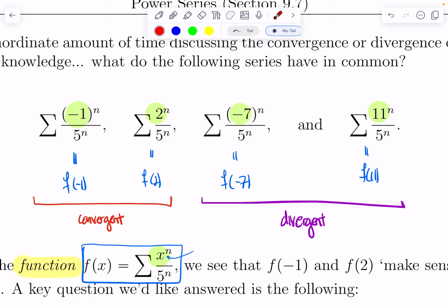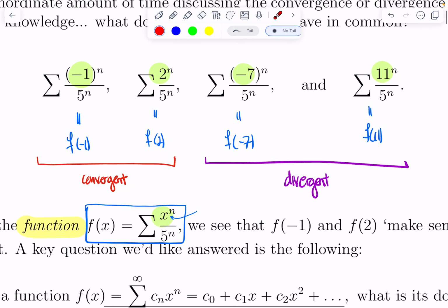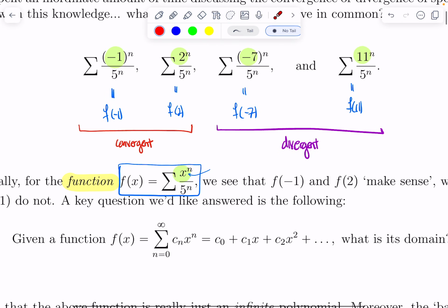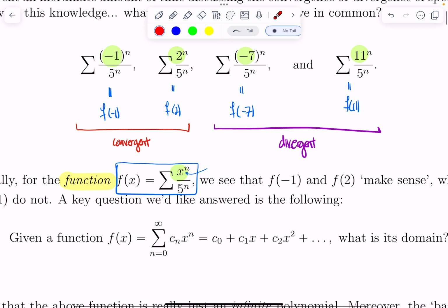Well, let's go ahead and write this out in full generality. So the question we have is this. Given this function f, and notice now down here I've written it in full generality, I have it written as the sum of c_n x to the n. So like up here, this example would have been, for example, the series 1 over 5 to the n times x to the n.